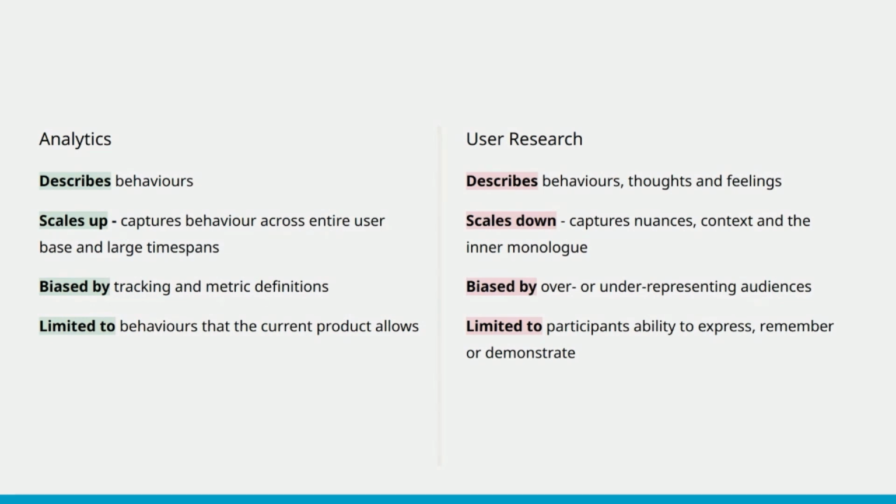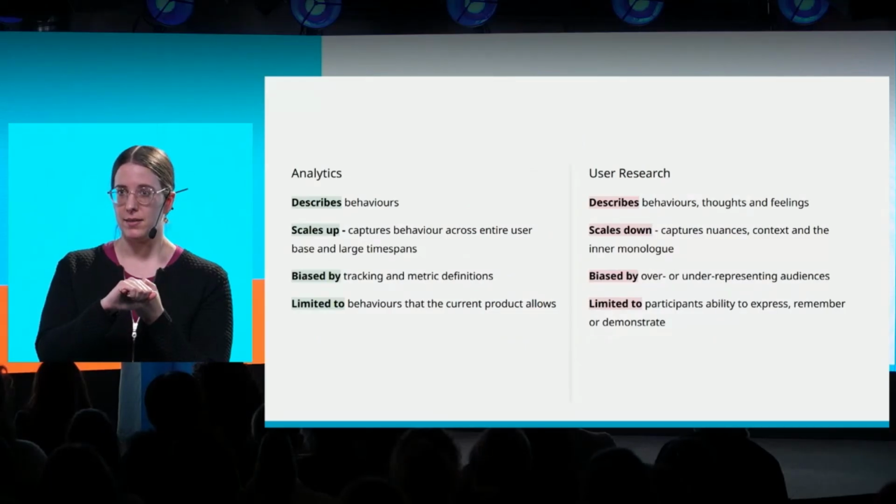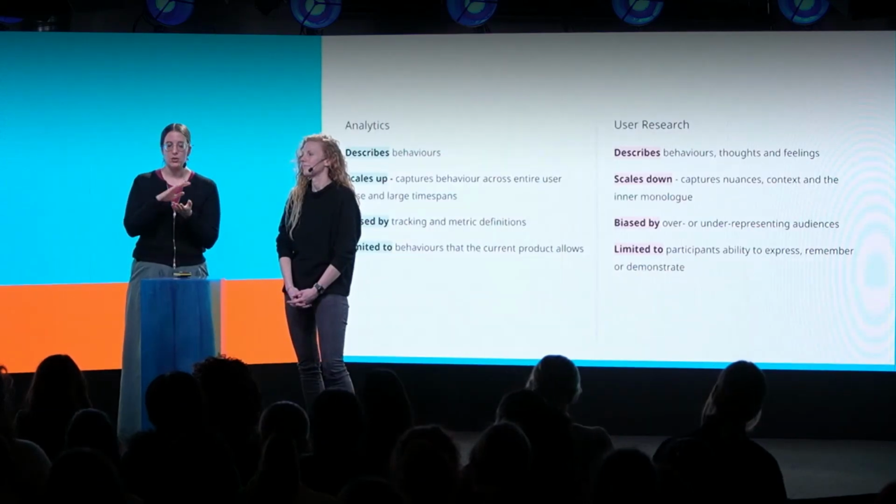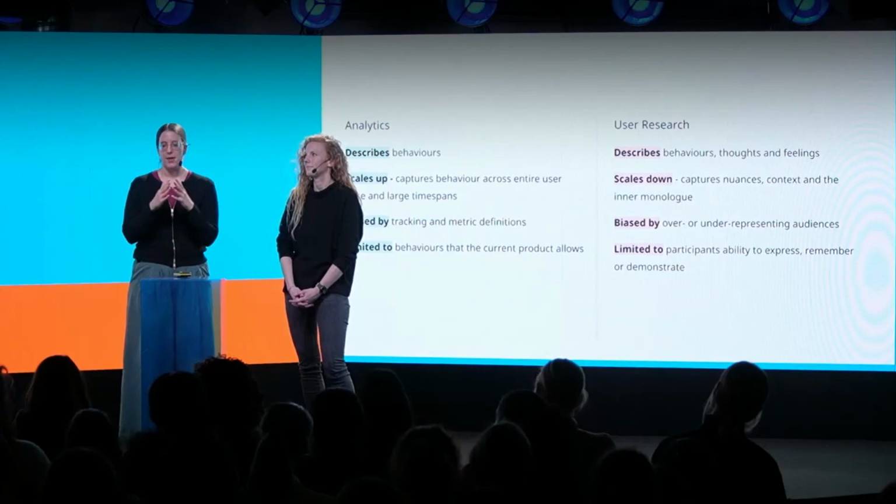You have the key ones. Self-report metrics, as I said, people don't act in a test situation as they would in real life. They are not good at remembering their behavior, and also they might bias or change their responses to make them more socially acceptable. So all this creates bias in the data.